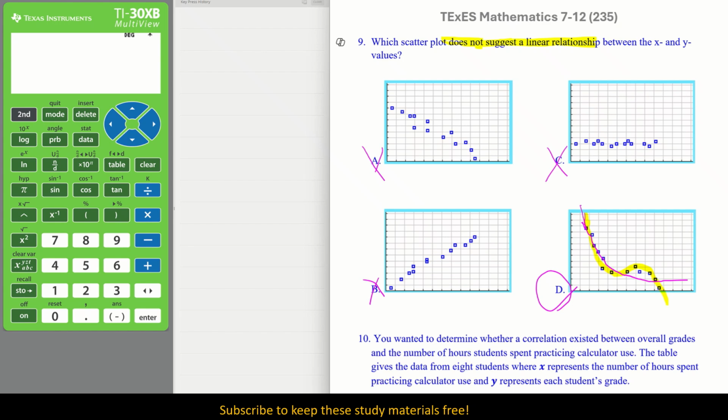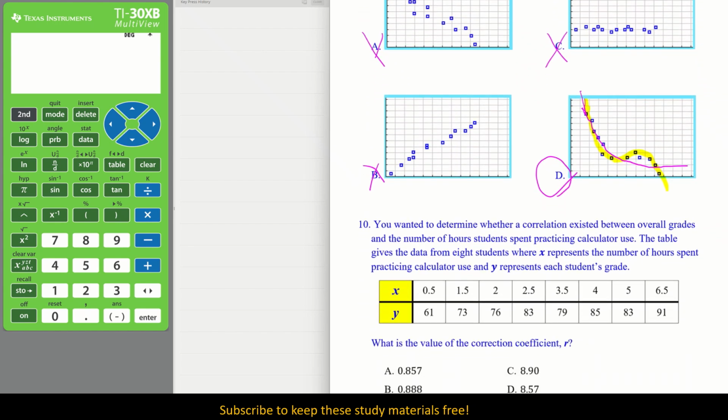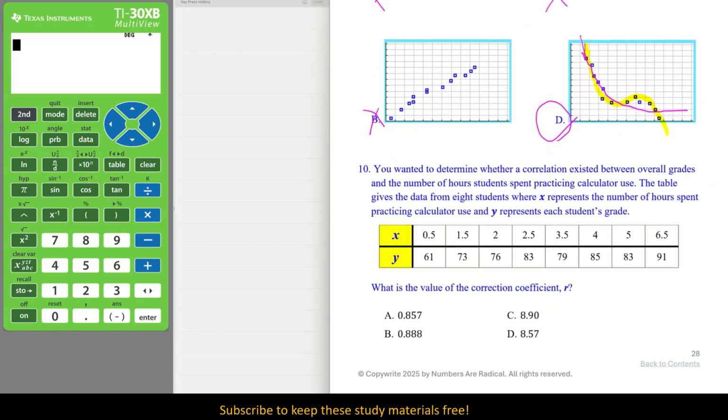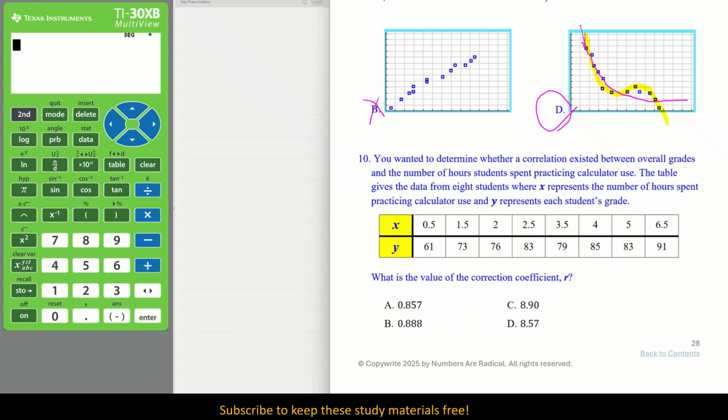All right, let's look at number 10. You wanted to determine whether a correlation exists between overall grades and the number of hours students spent practicing calculator use. Well, this is a little different than the other question.